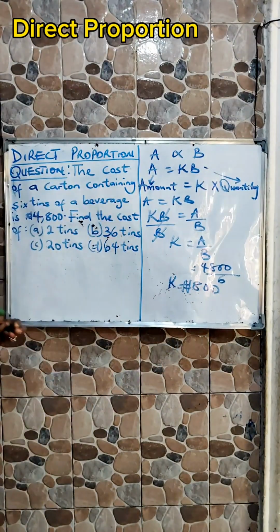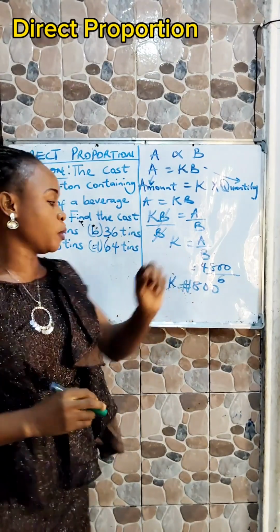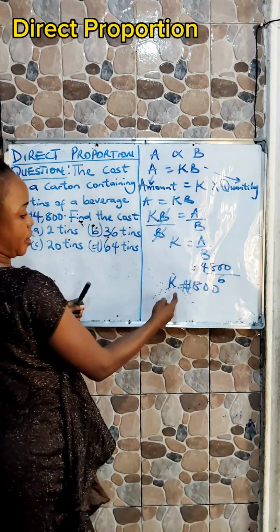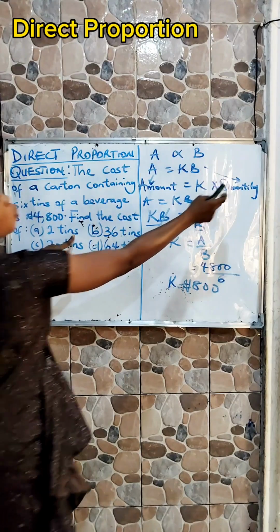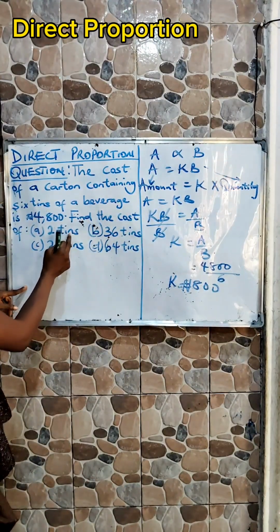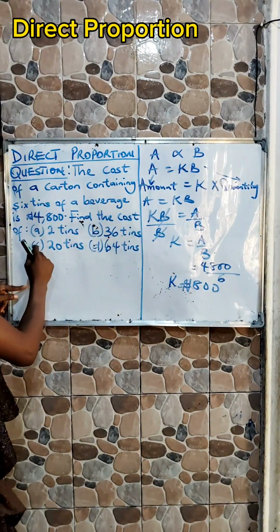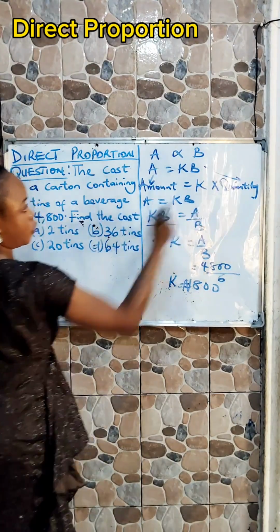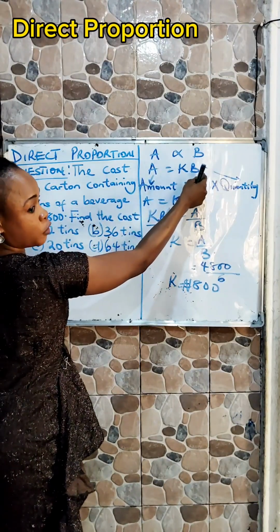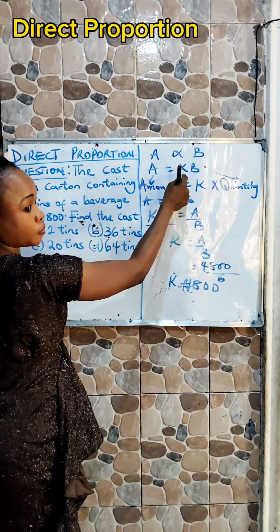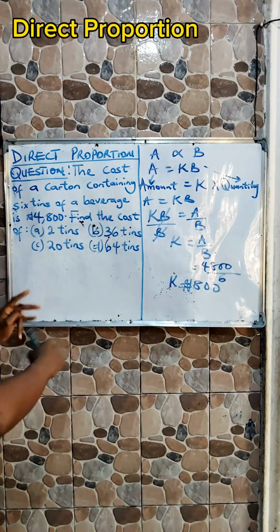Now, in everything that is given to you, it is the quantity that is given to you, but you are looking for the amount. So you will maintain this formula because you are calculating for amount, and B in all cases will be given to you, and you have calculated your K. Your constant is the same everywhere. So the main thing is just to find your constant and fix it in all.